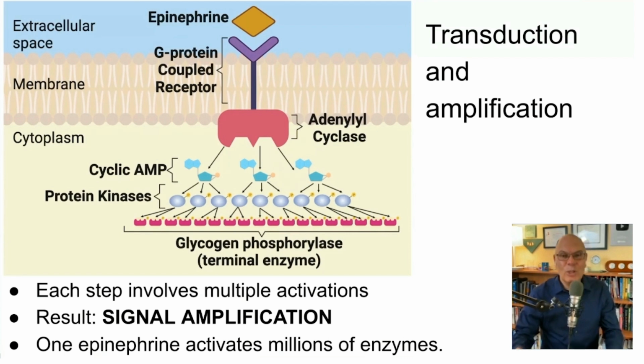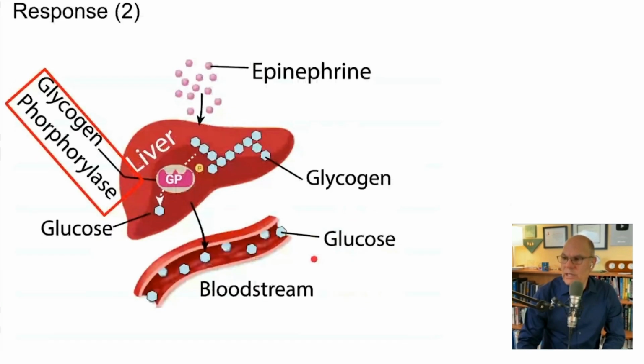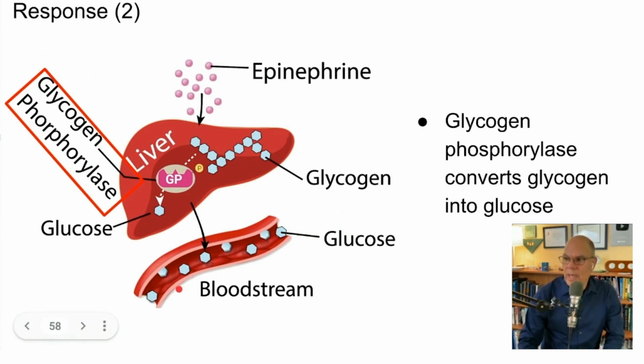They release glucose after breaking down glycogen into glucose. We finally get to the terminal enzyme, glycogen phosphorylase. And what that does is it takes glycogen and snips all these glucoses off so that the glucoses get released into the bloodstream. And there we have our response.